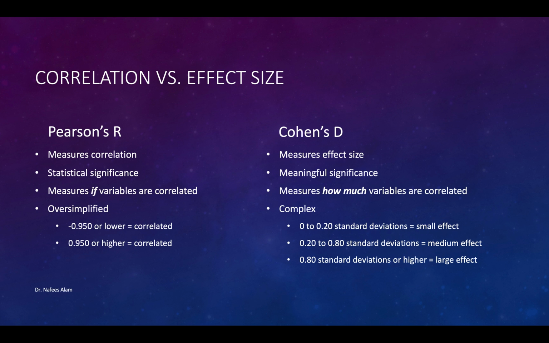So you already see that it's not quite as simple as Pearson's R, because even in the output, you're not saying, Pearson's R is negative 0.95, which is very easy to say, whereas Cohen's d is phrased as, well, Cohen's d is 0.85 standard deviations, right? So it's a little bit more complex to phrase, and it's also a little bit more complex to properly communicate is what I'm trying to say there.